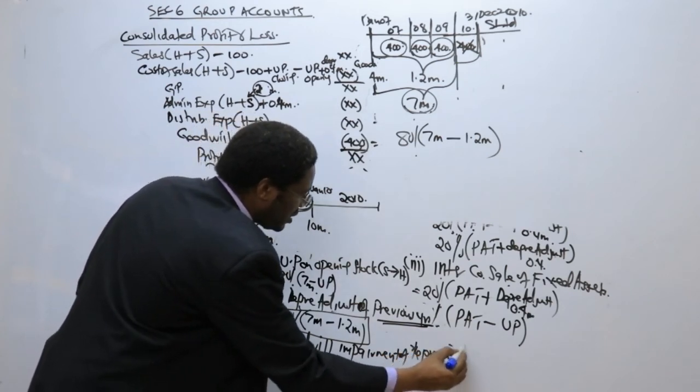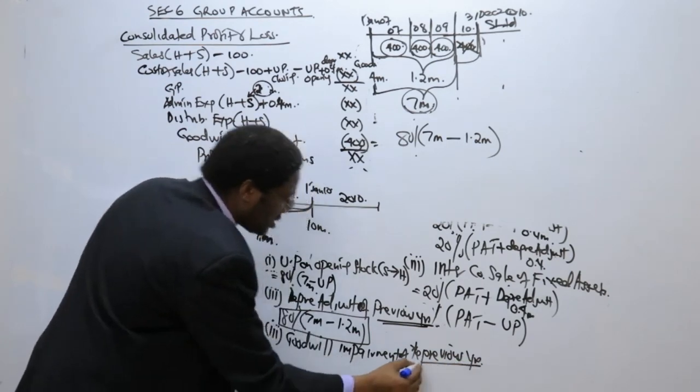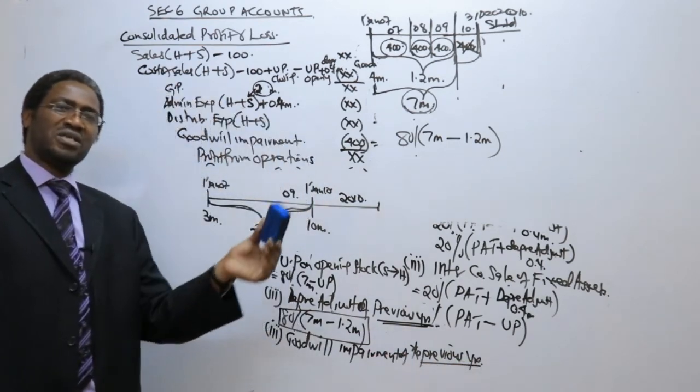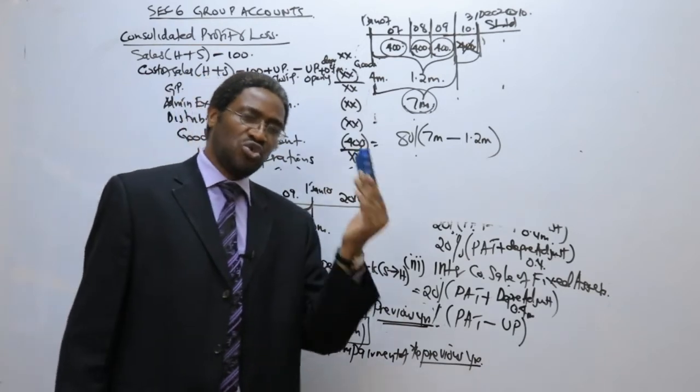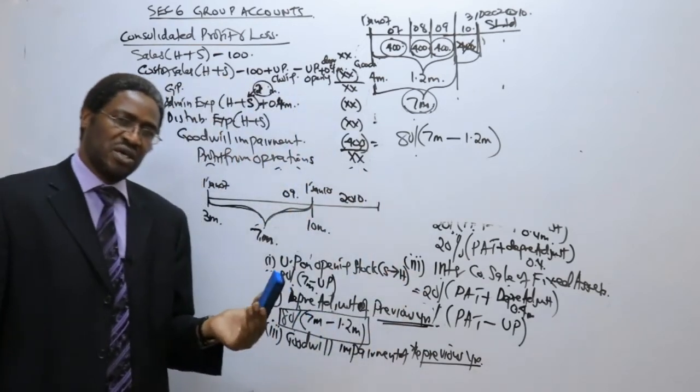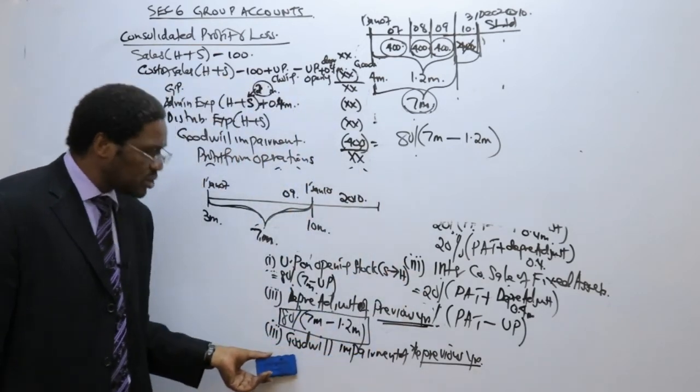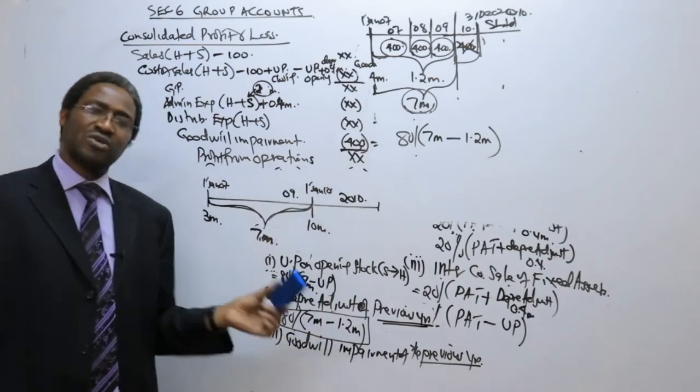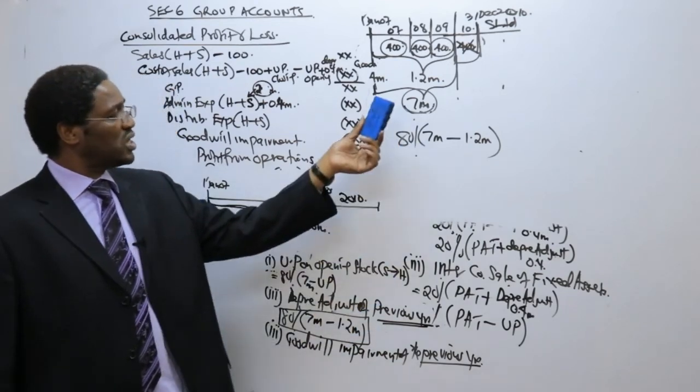Goodwill impairment of the previous years. The key word again is the previous years, not the current year, the previous.